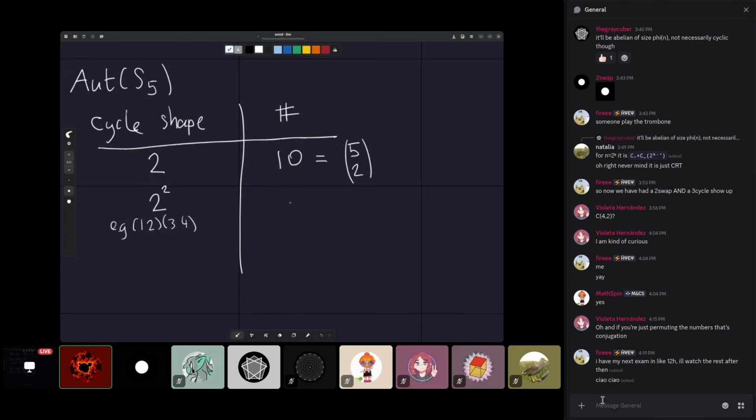I guess this one's slightly trickier. 15? That's right. Why is it 15? I was just multiplying by 3 and then dividing by 2, because for the second pair there are 3 options, but then you double count by twice, so you have to divide by 2.